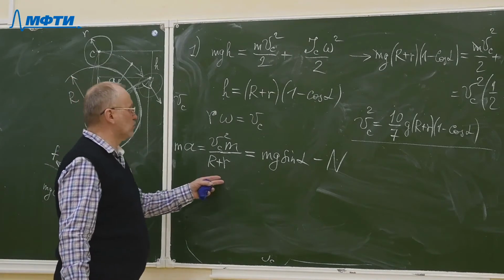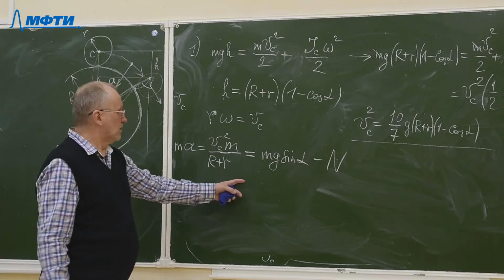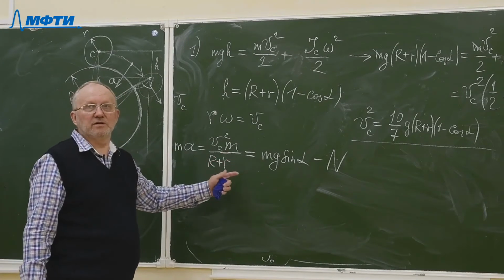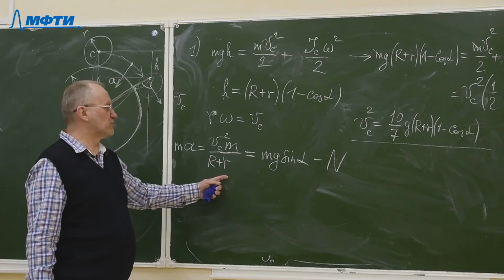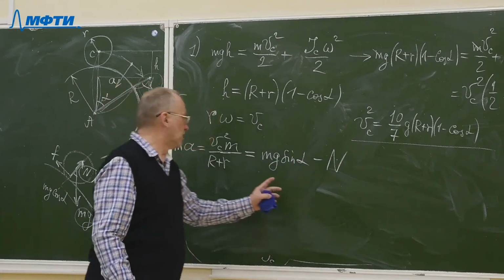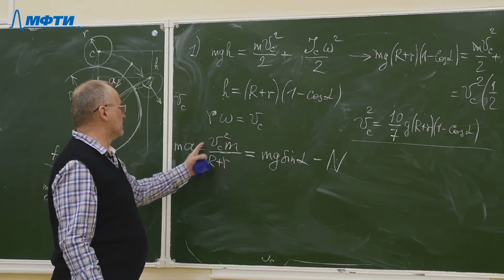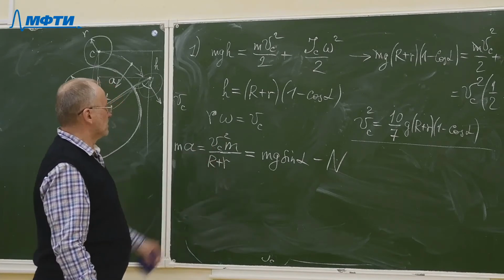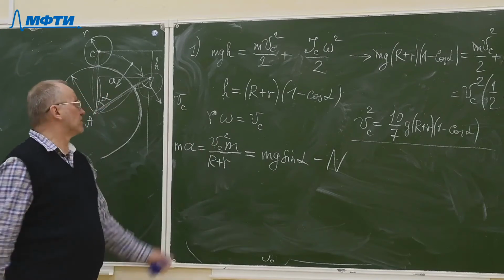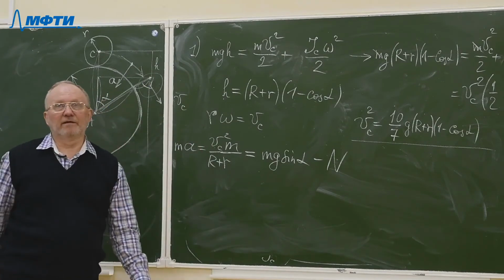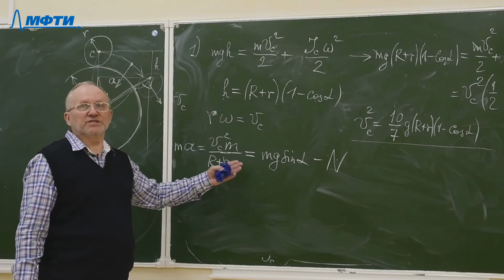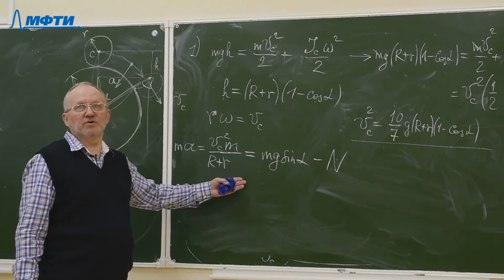What law of physics is this? We have discussed this law during the solution of the previous problem. The total force acting on the sphere in a certain direction equals the mass of the sphere times the acceleration of its center of mass. Acceleration here is the centripetal acceleration, directed to the center A. So this is the law of motion of the center of mass of a solid body.